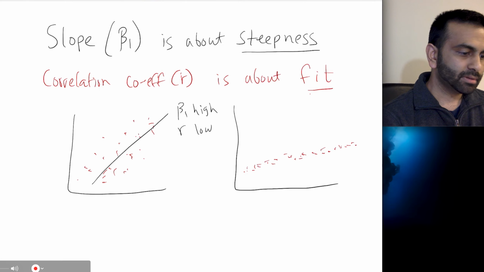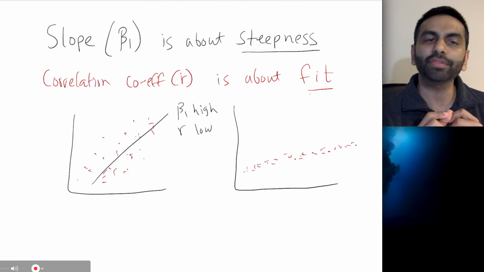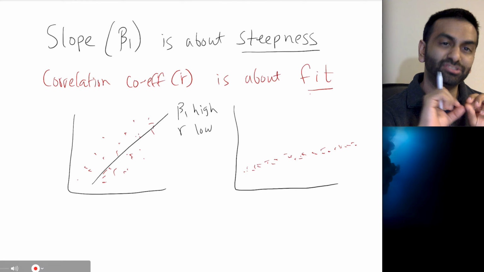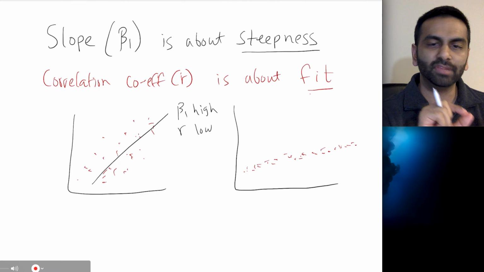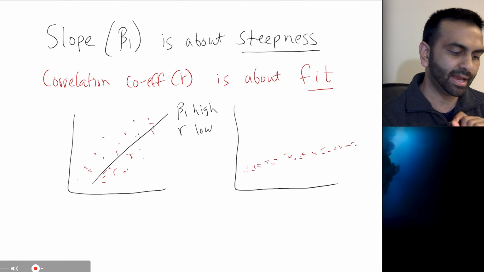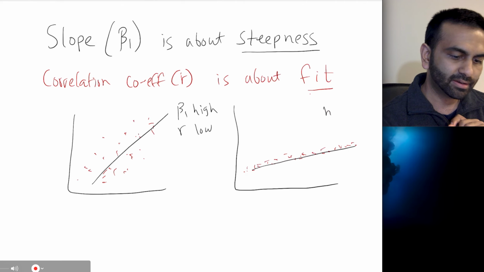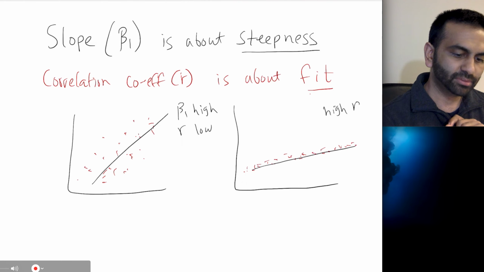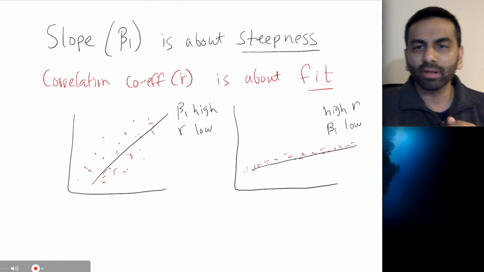Here, basically, the closer the data points fall into a straight line, doesn't matter the slope of the line, the bigger the R is. So this is going to have a high R, but because this slope isn't as steep as the other one, its beta 1 is going to be relatively lower.